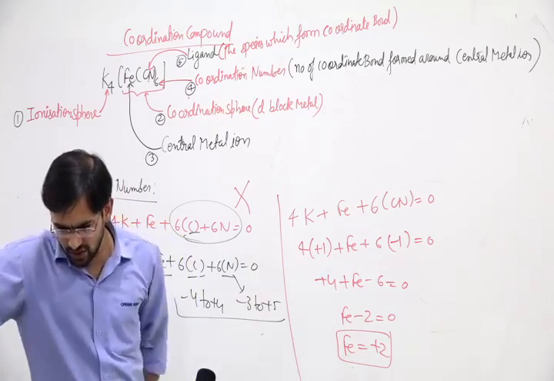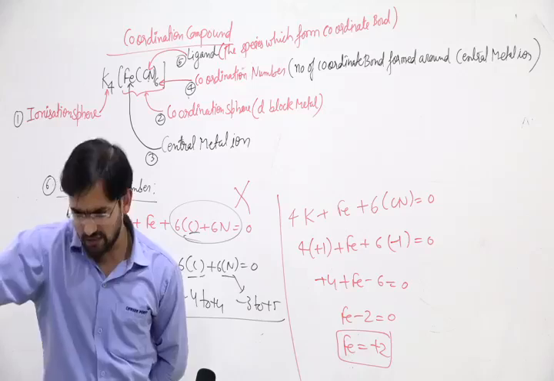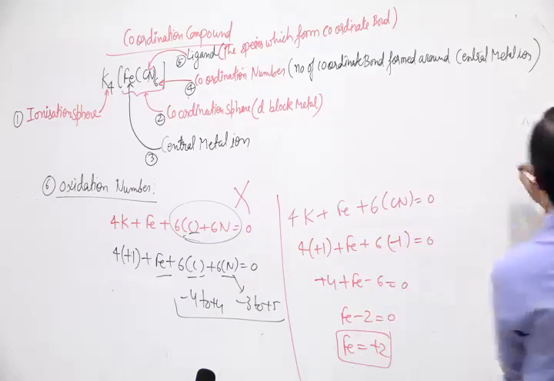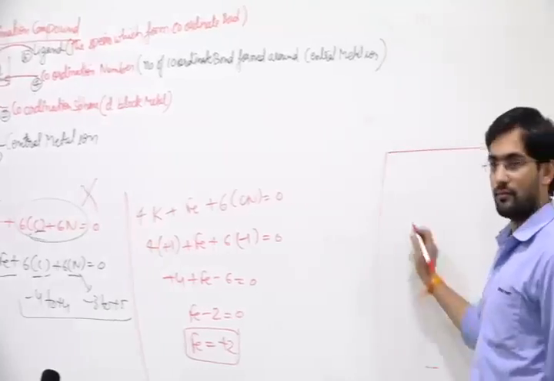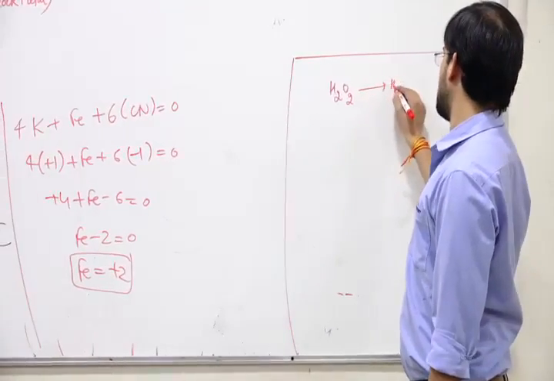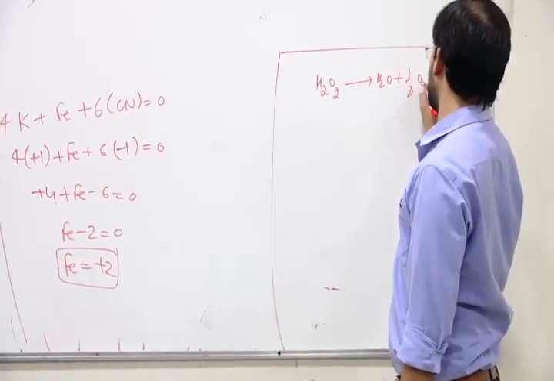Okay, what is the doubt? How can we know the order of a reaction in a chemical equation? See this side. I gave one reaction like this: H2O2 gives rise to H2O plus half O2.